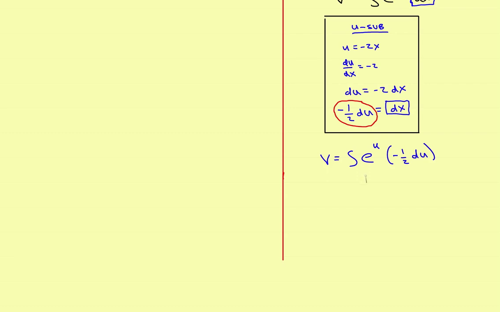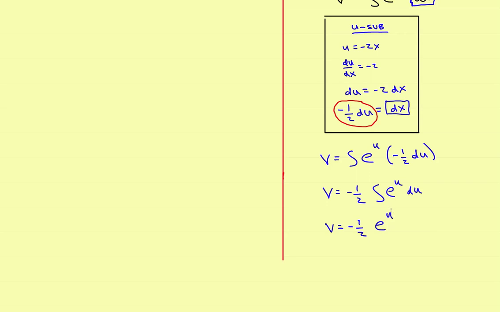Okay, so now the next thing to do: here's a constant negative 1/2, so bring that up to the outside. So v is equal to negative 1/2 times the integral of e to the u du. This is all just strictly a u substitution problem. So v is equal to negative 1/2, and the integral of e to the u is e to the u. Normally you would put a plus c here.